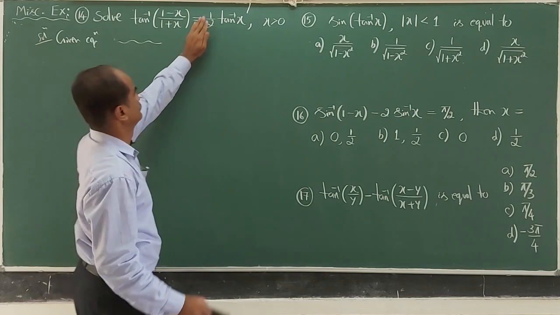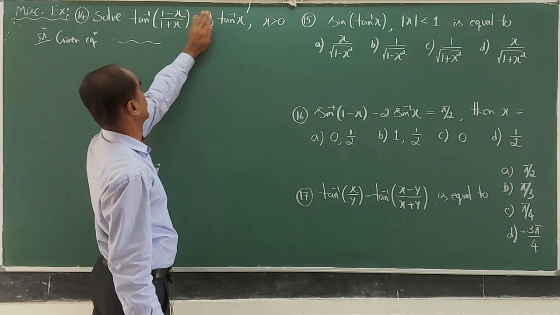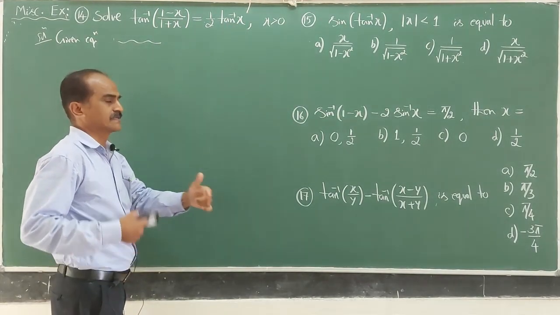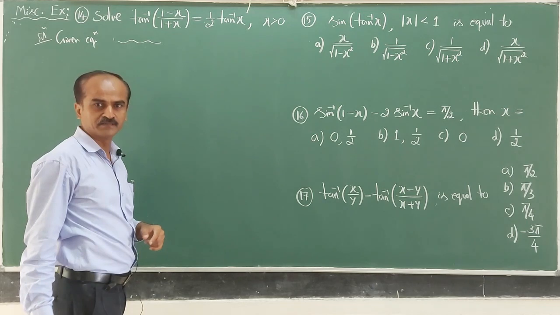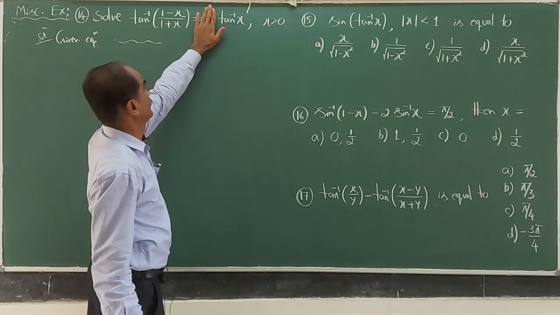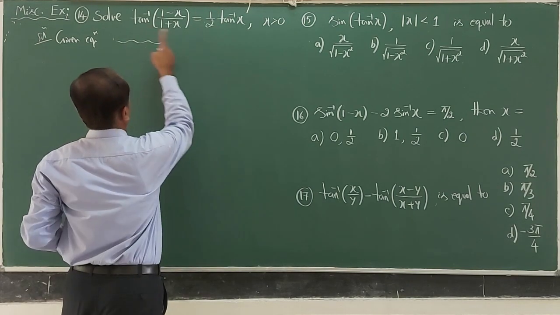Suppose if 1 by 2 is missing, then I get tan inverse A equal to tan inverse B. Straight away I might have written A equal to B, but I fail to do that now because of this 1 by 2. Now let us try to eliminate this. I will cross multiply.